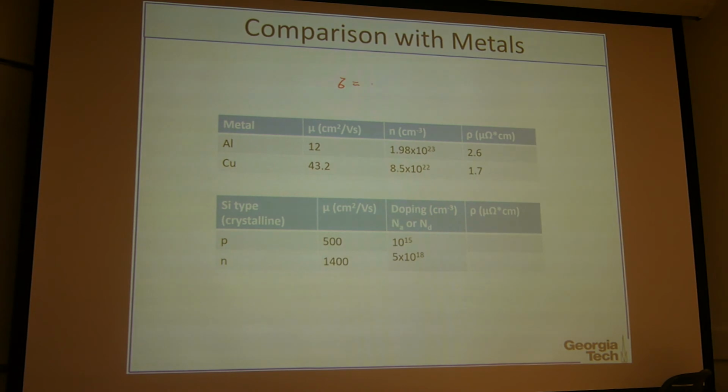You can check the lecture slides there. You get q n mu, and the resistivity is 1 over sigma. So resistivity is 1 over q n mu. q is the basic charge quantity, the charge one electron carries. n is the electron density. mu is the mobility for the electron. So you get this number. This is for electron. If you have hole, similarly you can think it's 1 over q p mu.